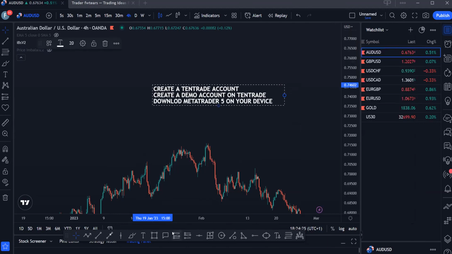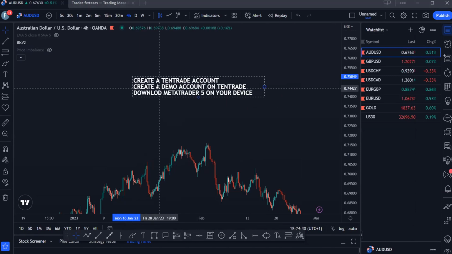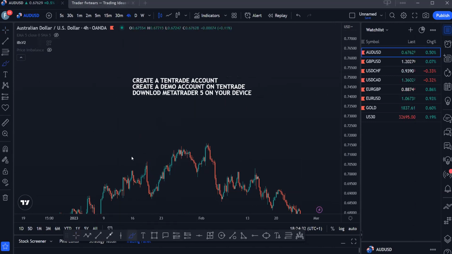Joshua Onyeka, let me know if you have all of this checked out. If you have created your broker account with 10Trade, if you have created a demo account or you have a live account with 10Trade, and you've downloaded MT5 onto your device, please type in a yes in the chat box.